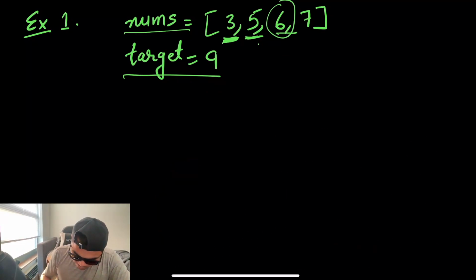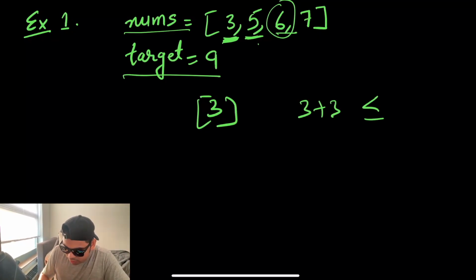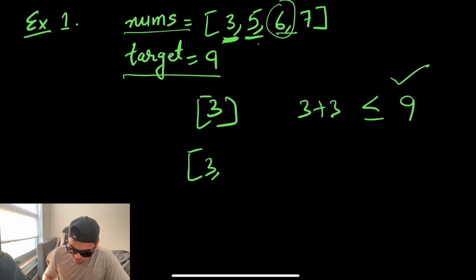Along with 3, we could choose just 3, since 3 itself is a non-empty subsequence. Here the minimum and maximum is 3. So 3 plus 3 is less than or equal to 9. Yes, it is, so that's one of our answers. Second, along with 3, we could choose 5.